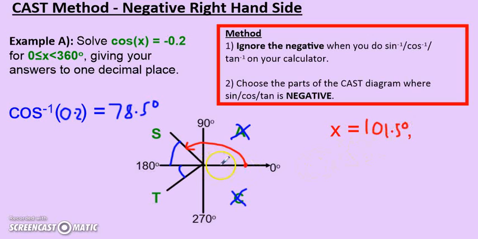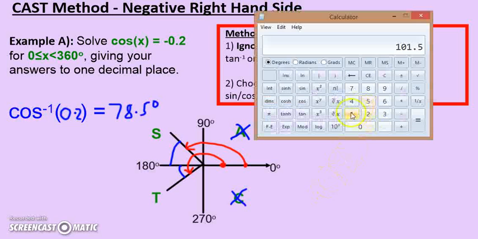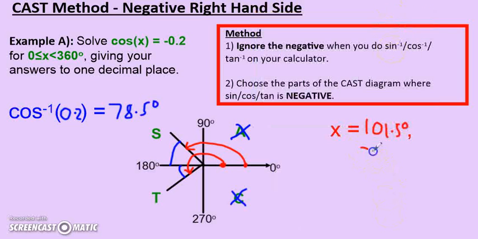Now we measure our other solution. Again, anti-clockwise from 0. Well, this angle is easy to measure as well. It's 180 plus a bit. So it's 180 plus the 78.5, which is 258.5 degrees.